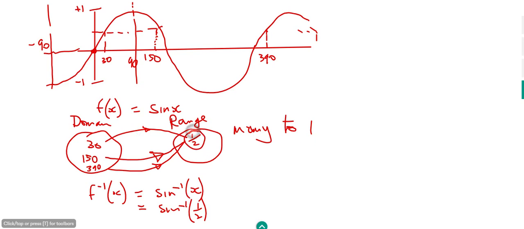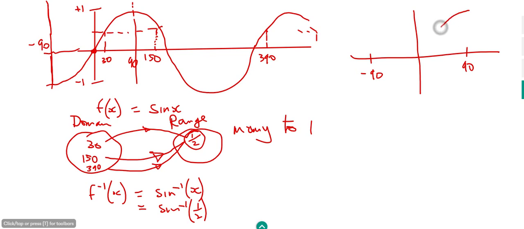But the reality is that this is a many to one situation. So for half, if you find sine minus 1 of a half, in fact, we've got a lot of different choices. So the inverse doesn't exist unless we reduce the size of the domain. So if we reduce the size of the domain now so that it's between minus 90 and plus 90, then it now looks like this.